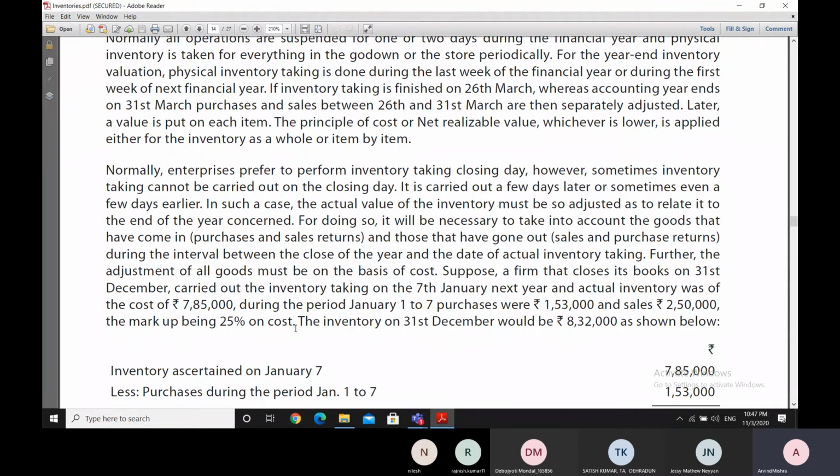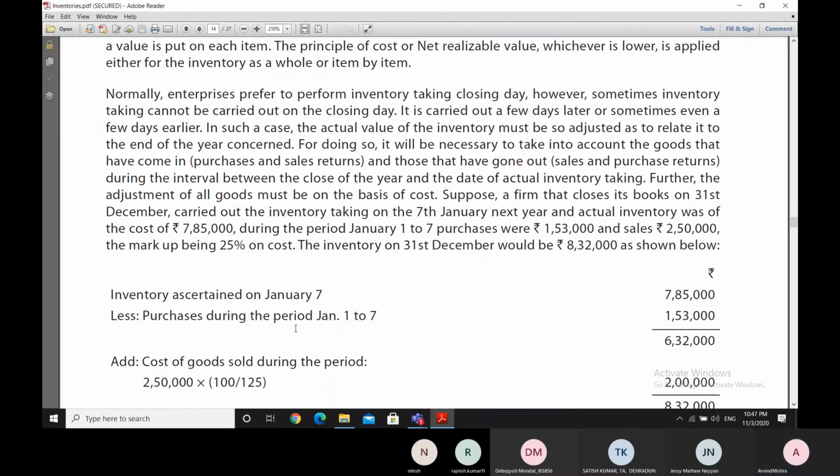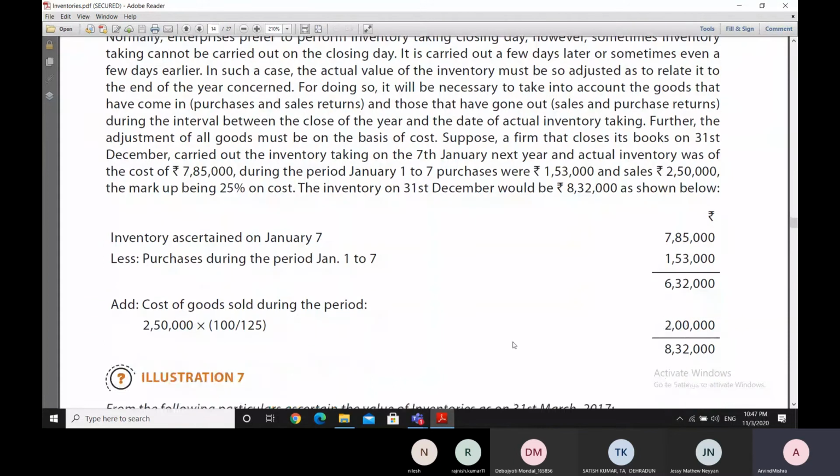Markup means the attempted gross profit margin. So in such a case, how will we compute the inventory? The inventory that has been ascertained is 7,85,000 on January 7. From this inventory, we will reduce the purchases that were made between January 1 to 7, 1,53,000 here, and then we'll add the cost of the goods sold during the period.